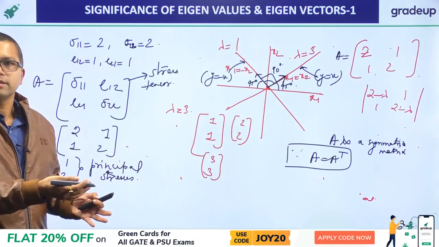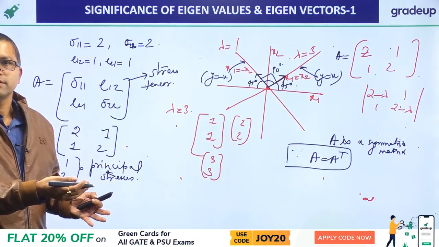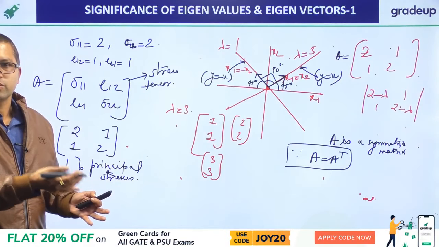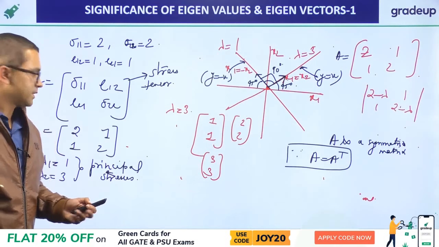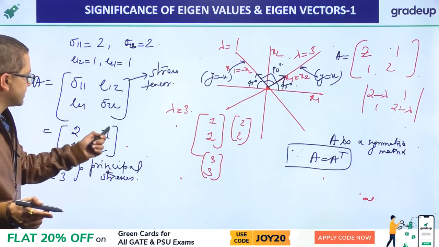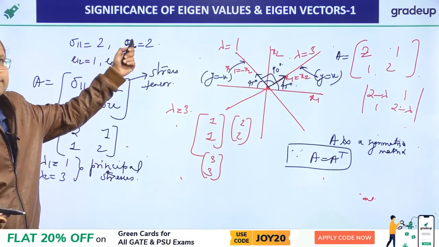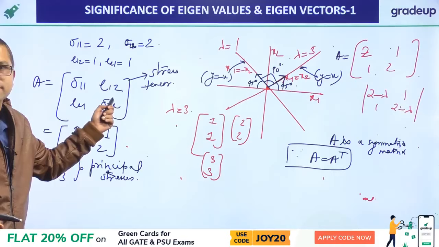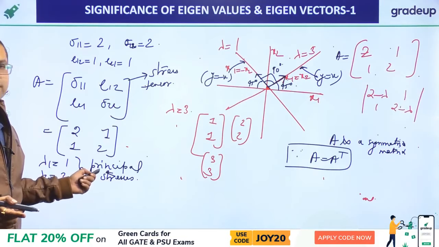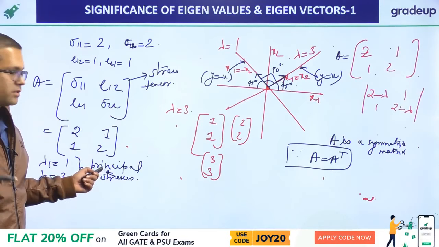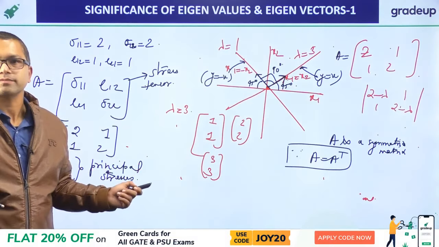So I'm going to repeat it. If a stress tensor is given to you something like this, you form a stress matrix and you find eigenvalues of the stress matrix, you are going to get principal stresses.